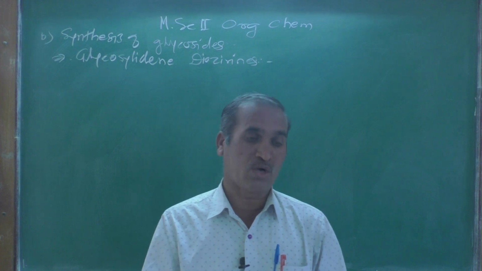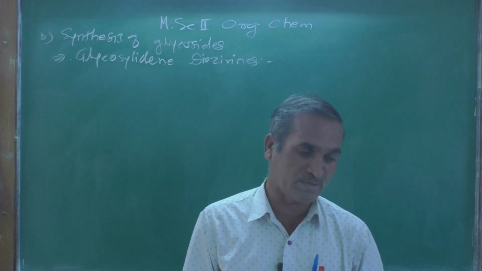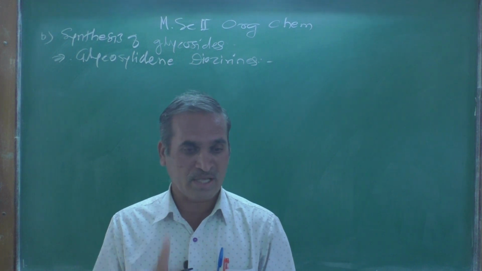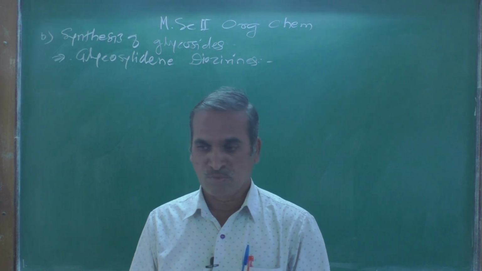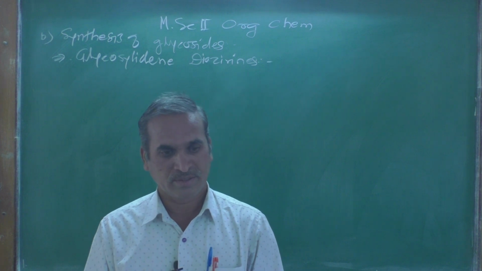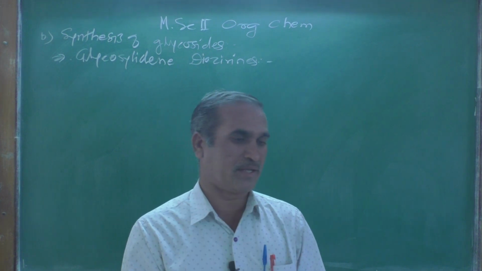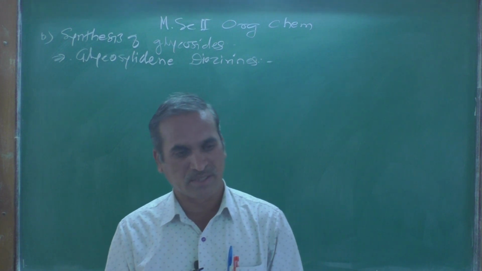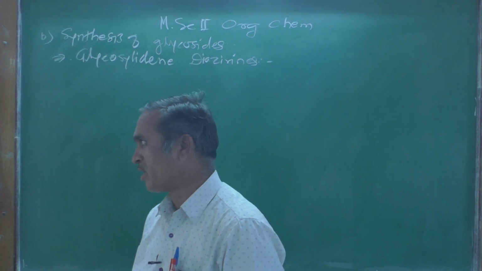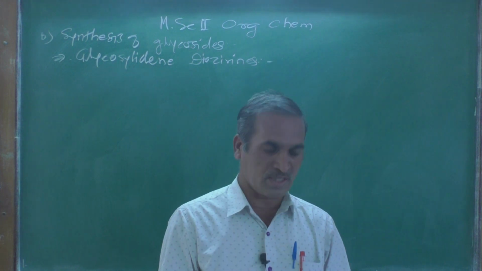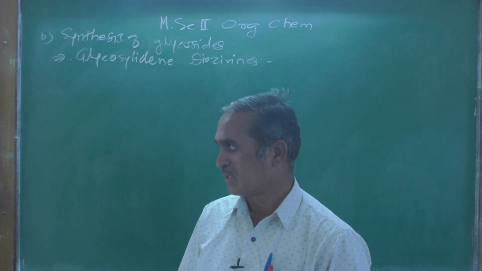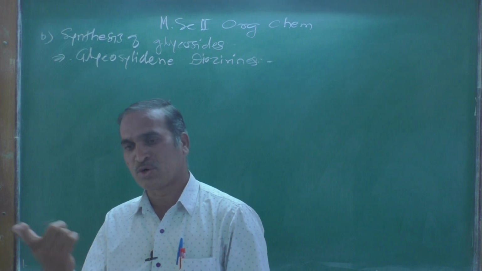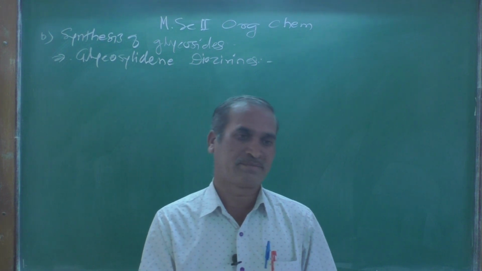diazonium salt. How do we get the diazonium salt? Anybody knows? Yes, a diazonium salt is obtained if a primary amine, for example aniline, is treated with sodium nitrite in the presence of HCl, with the reaction condition kept around 0 to 5 degrees centigrade.